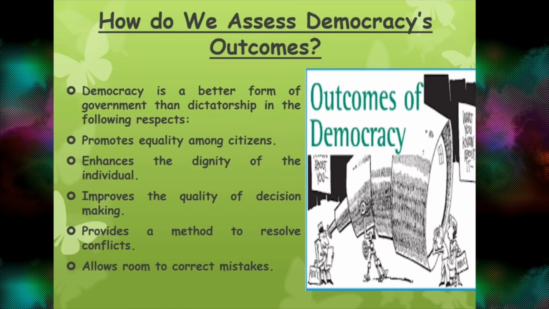Point number 3, it improves the quality of decision making. This is an important point about democracy. Democracy has different hierarchies, right from the levels of the government, right from the organs of the government. So any decision taken by the government will not be taken without the consideration of the other organs or levels.